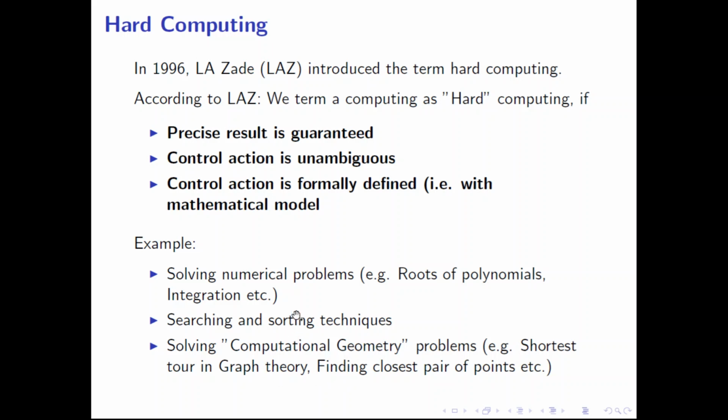All these come under hard computing, because for all these problems there is a precise result, there is no confusion, there is no ambiguity in solving these problems, and all these problems can be mathematically modeled. So the problems which can be mathematically modeled, and for which there is a fixed or precise solution, can be solved using hard computing.